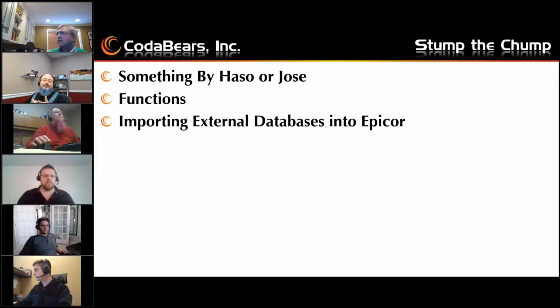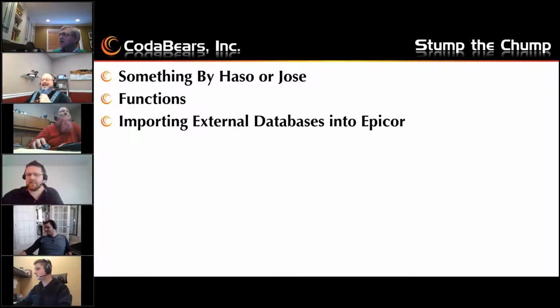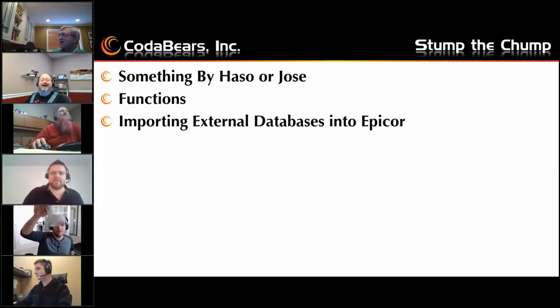Okay, and then the ever infamous, we want to see something by Hasso or Jose. Something. You have to have something on your desk. Can you just wave it on the camera for everyone? Actually, I do have something that I'm working on in here. Let me see if I can set it up. Oh, I was just meaning something physical on your desk. I mean, you're in your office. Well, here, I have my Oculus Quest controller.